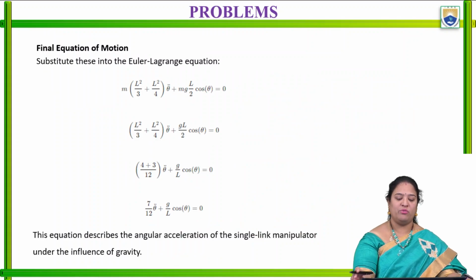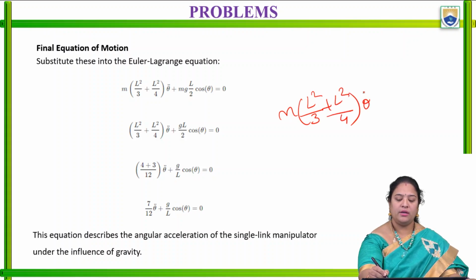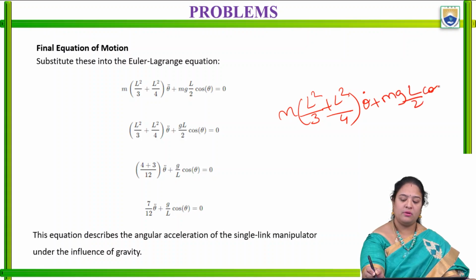The final equation of motion will be m (L²/3 plus L²/4) θ̈ plus mg L/2 cos θ equals 0.